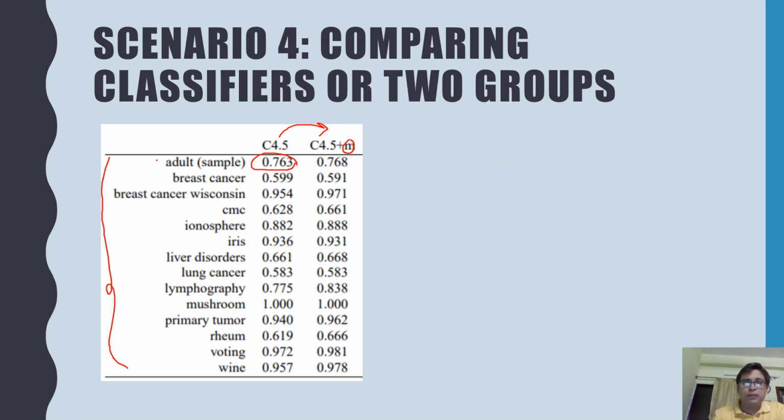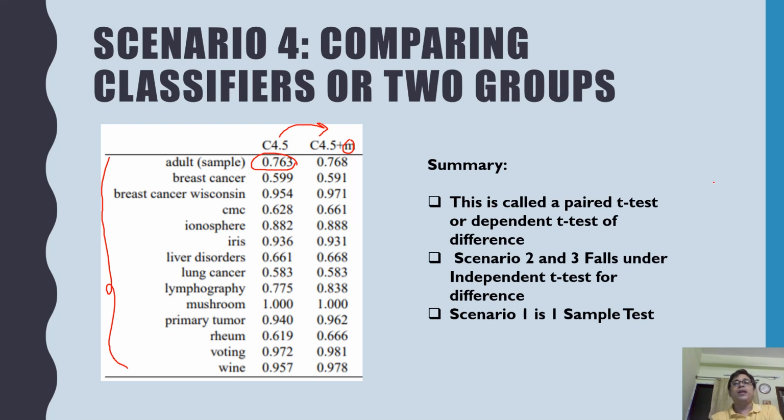So it is possible to do that. This is called a paired t-test, or dependent t-test of difference. So scenario 4 is a paired t-test, scenarios 2 and 3 fall under the independent t-test for difference, and scenario 1 is called a one-sample test. So if you read about the t-test, you will see these 3 application cases.